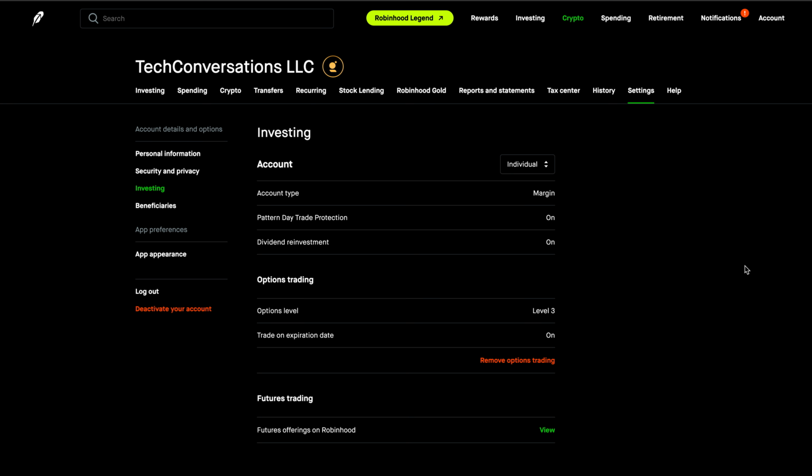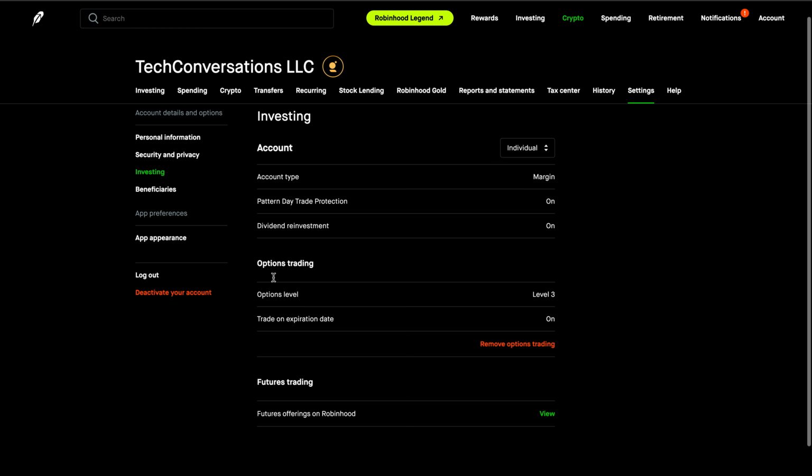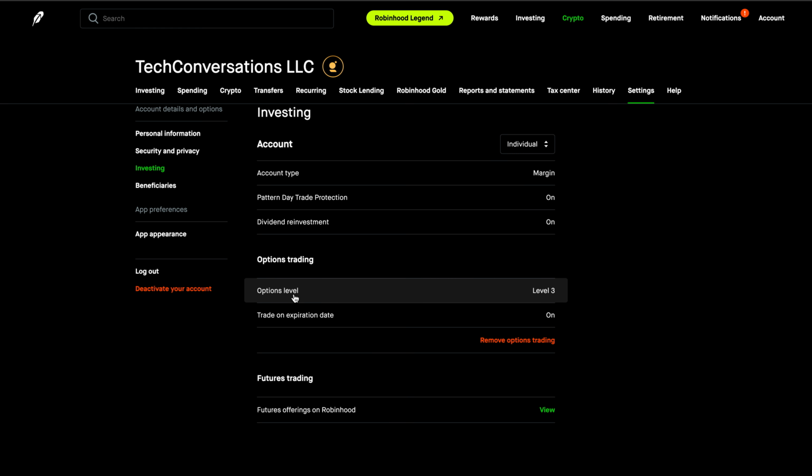You can find this by going into your settings and then going to investing here. Under options trading, you can see here, options level. Again, this is my individual account. So this is where I can trade iron condors and some of these other complex strategies, these multi-leg strategies.